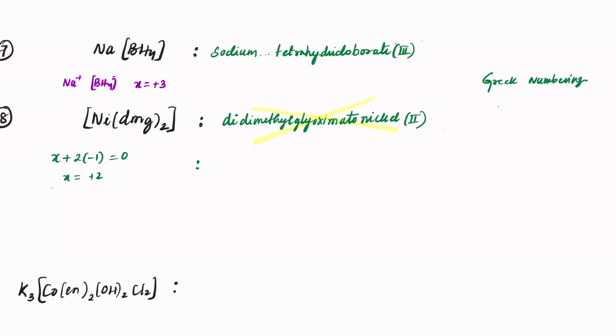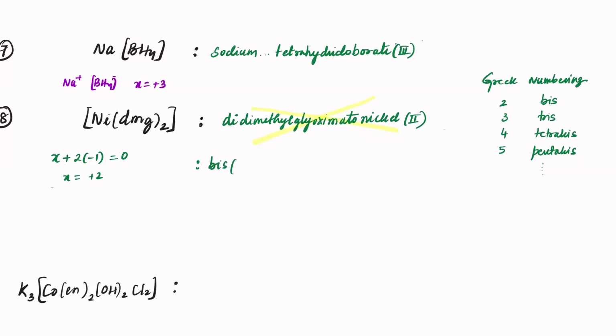In the Greek numbering, normally if you have 2, you write it as bis. If you have 3 of the units, you write it as tris. 4, it is tetrakis. 5, it is pentakis. So this is how all the representation should go. Hence, the name that will be suggested here is bis.